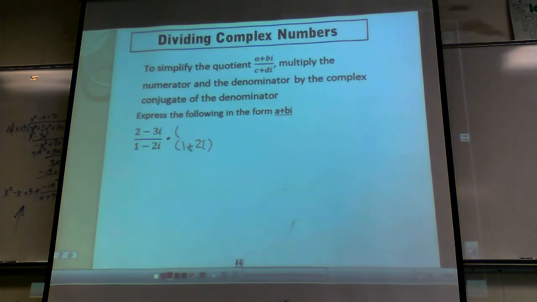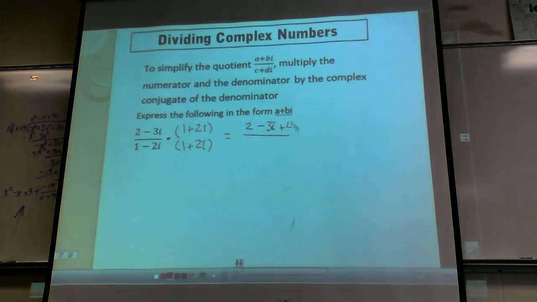Because you want those two to be opposite signs, because when they're opposite signs and you multiply them, it cancels out all the i's there. And remember, you have to do it on top and bottom because it's technically like you're multiplying by 1. If you multiply something by 1, it doesn't change the value of it. So, on top, you'll have 2 minus 3i plus 4i minus 6i squared.